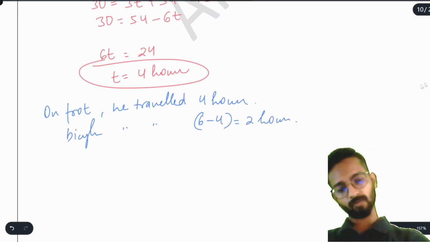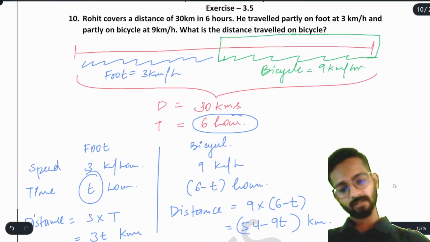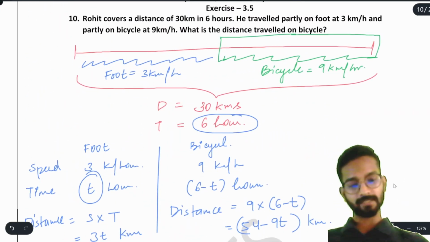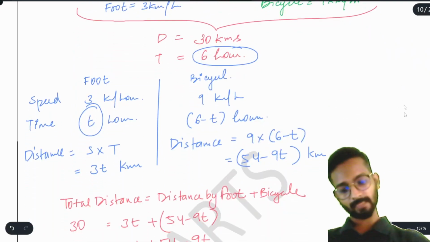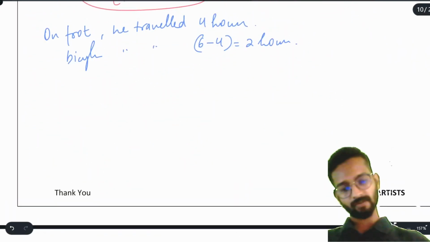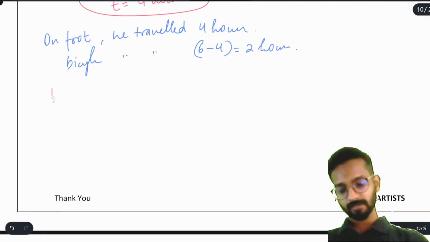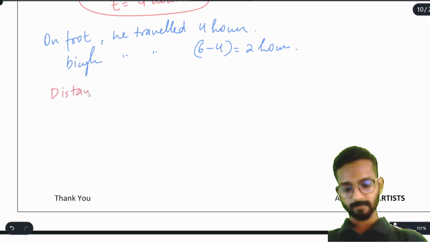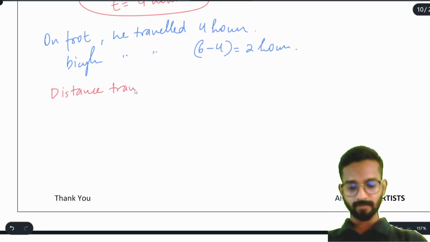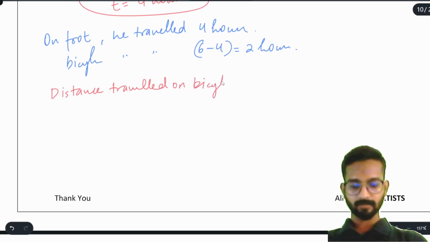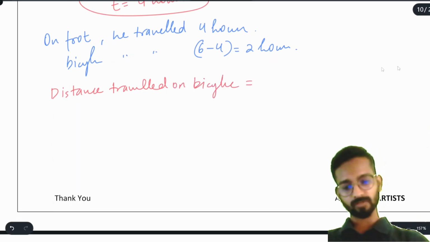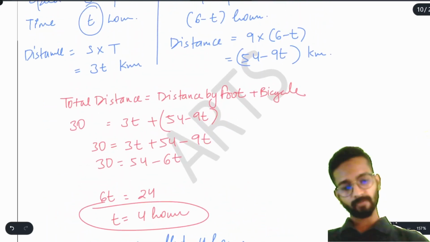Simple enough. Now what is the question asking? What is the distance he traveled on bicycle? See, distance traveled on bicycle, how will we find? Distance traveled on bicycle is equal to, what was given already? 54 minus 9t is given here.